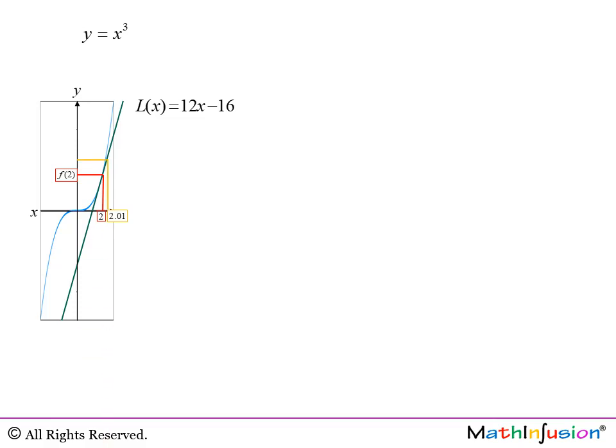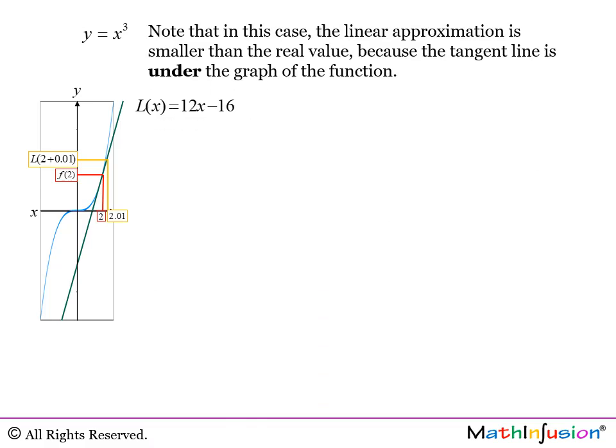So I get this graphically. This is what we get. As you can see, it's a little less than the real truth. So in this case, the linear approximation is smaller than the real value because the tangent line is under the graph of the function, as you can see.